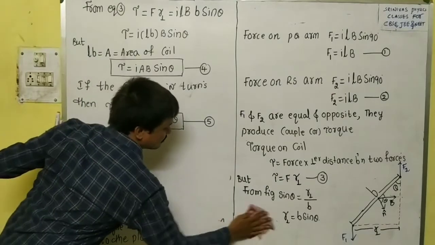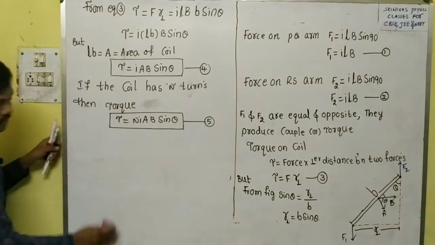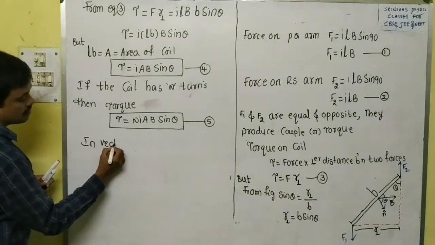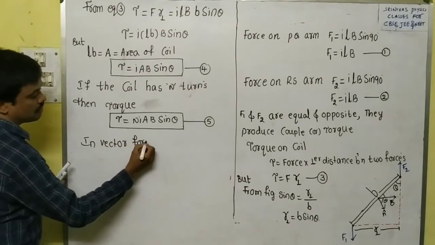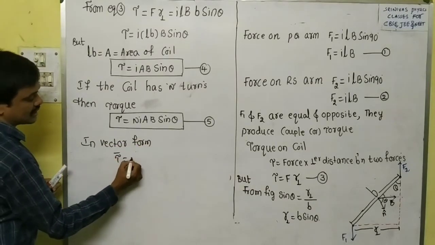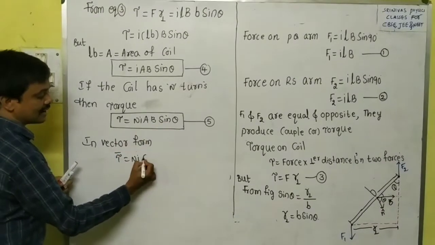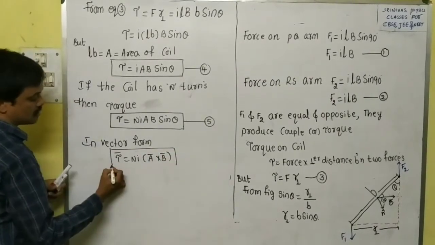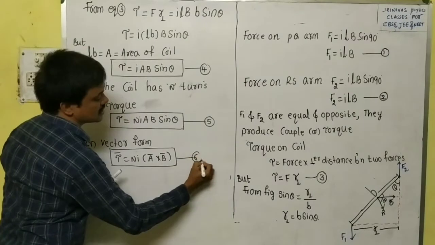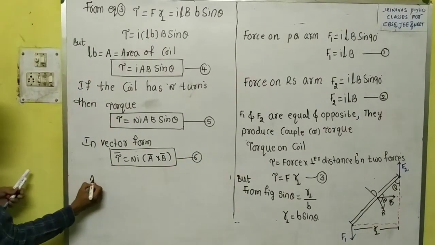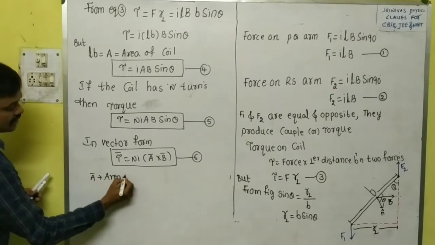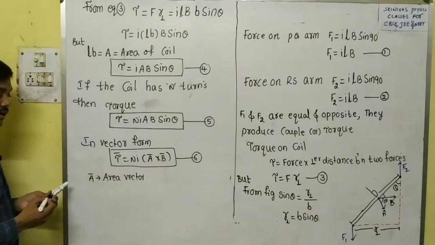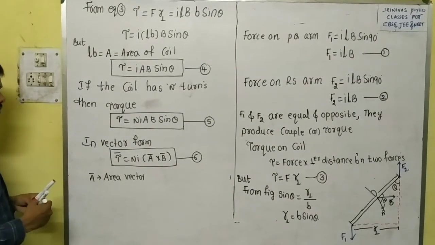How to write it in vector form? Tau bar is equal to NI into AB sin theta, which we write as A bar cross B bar. This is equation 6. Okay, what is A bar in this? Area vector. Its direction is always perpendicular to the surface and its magnitude is equal to LB.